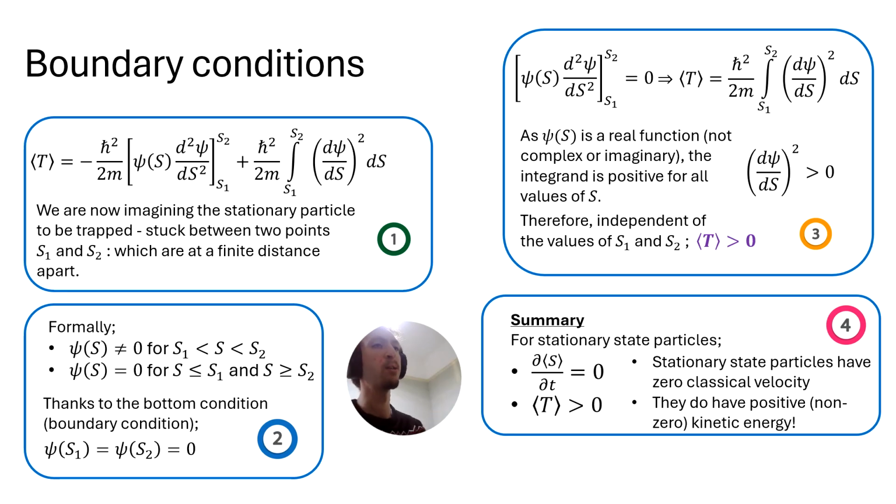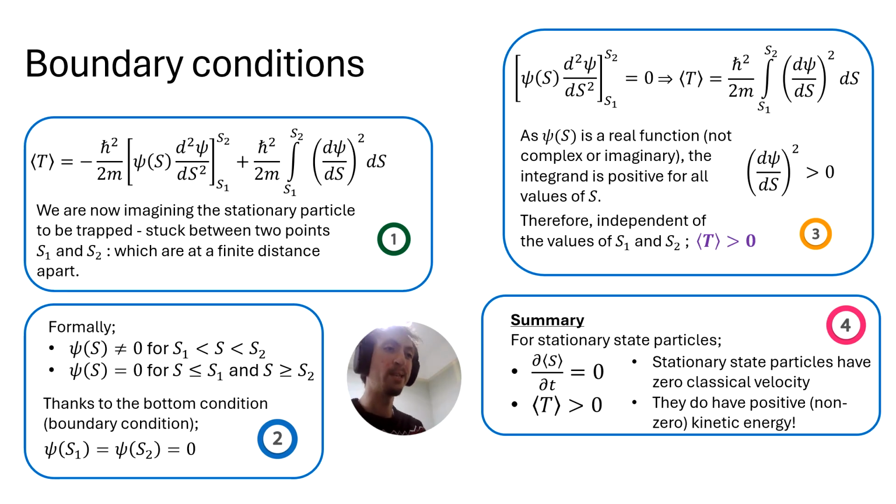We're going to use the form of Gaussian wave functions to argue that we would expect the kinetic energy operator, even for stationary state particles, to be given by a second order derivative.